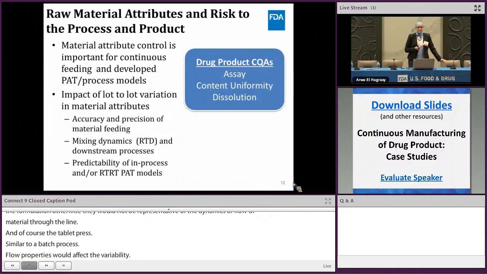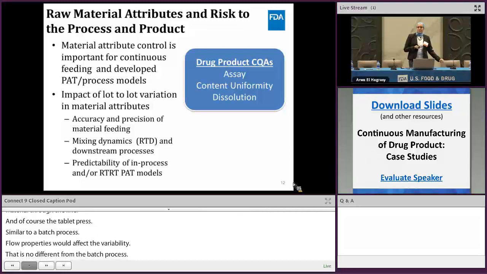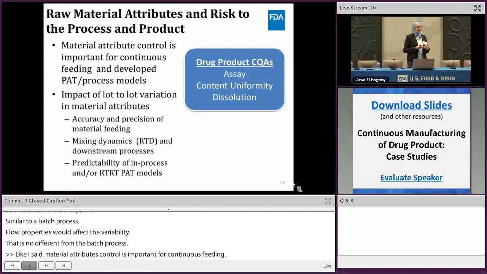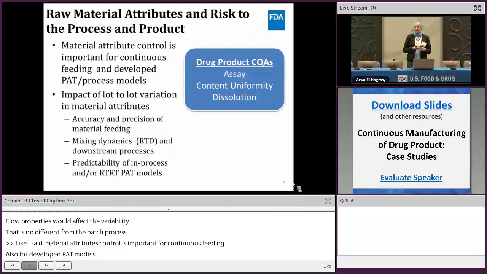So like I said, material attribute control is important for continuous feeding and also for developed PAT models. During continuous manufacturing, typically PAT is used for monitoring of the process, and those types of spectroscopic techniques that may be used are impacted by material properties.